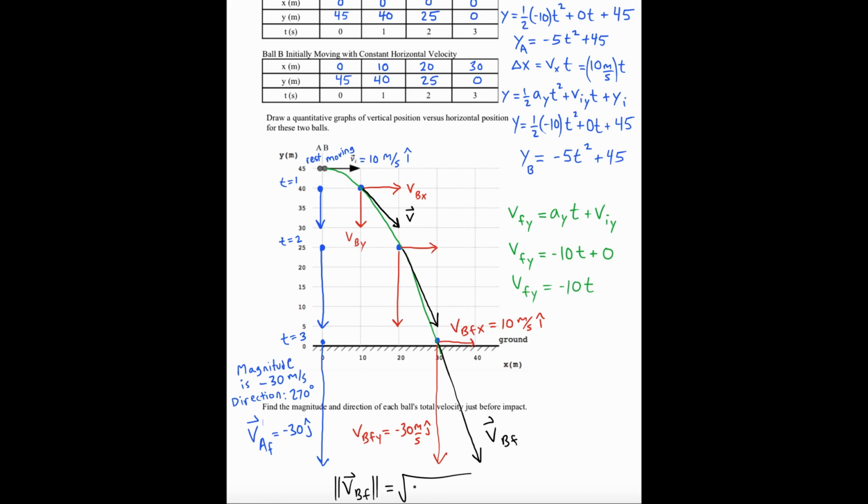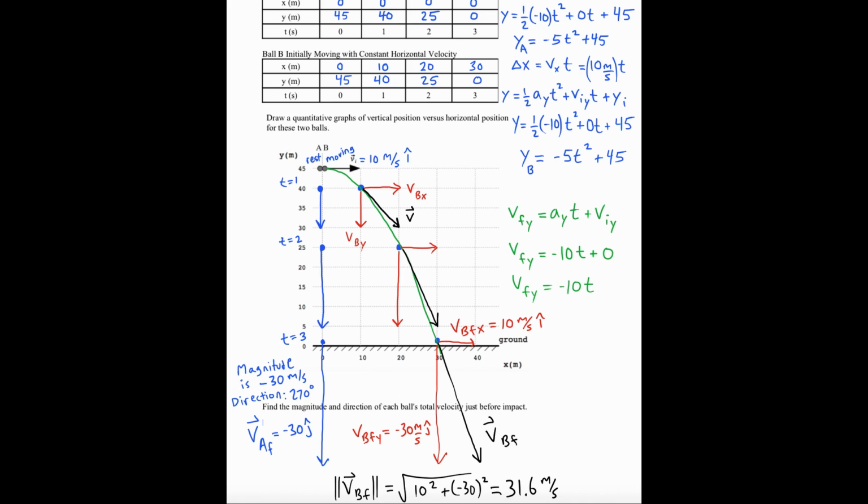It's going to be the square root of 10 squared plus negative 30 squared, which is about 31.6 meters per second.